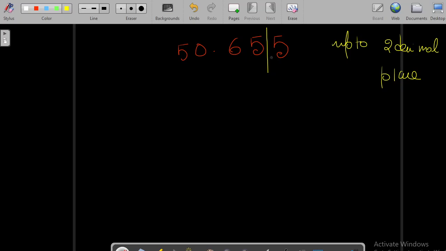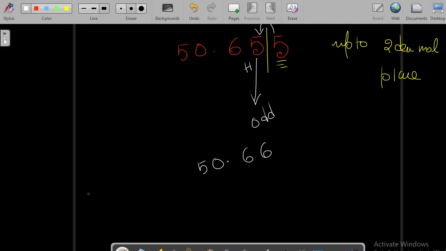We drew a cutoff line, then we observe that the digit after the cutoff line is 5. It is neither greater than 5 nor less than 5 but 5. Then we apply the rule that if it is 5, then we observe the digit before the cutoff line. Is it even or is it odd? Here I can see it's again 5, so it's odd. So what do we do? We add 1 to this 5, so it becomes 6.